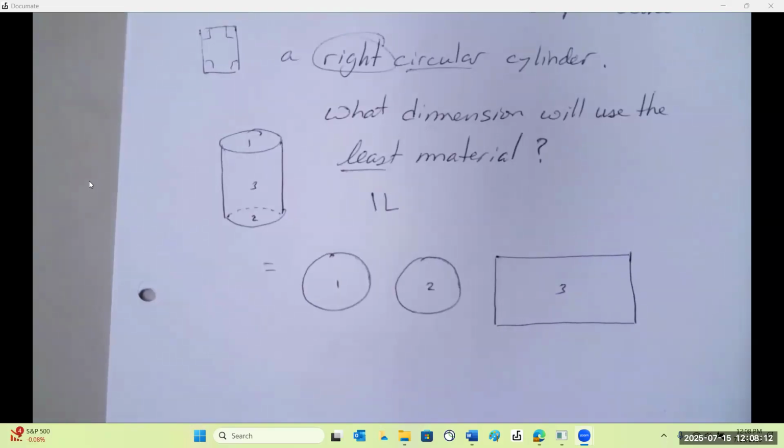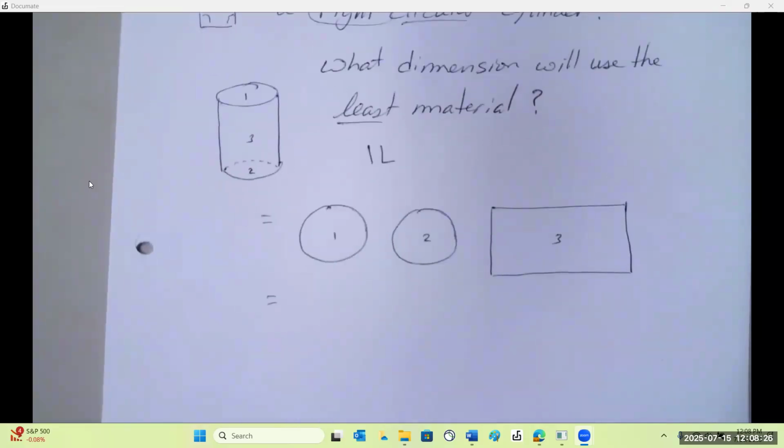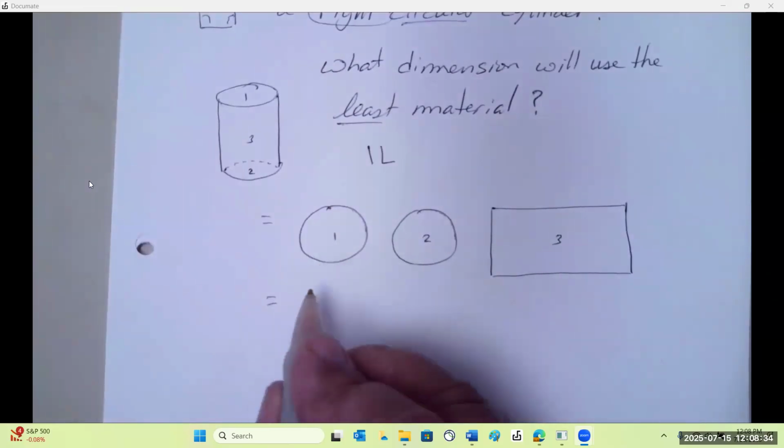Now, you have to be aware that we're looking for 2 different parts here. Because the can lid and the base, what formula are we going to use there? Not a cylinder, of a circle. So the area of a circle is what?